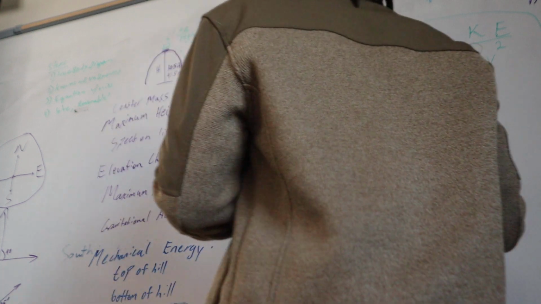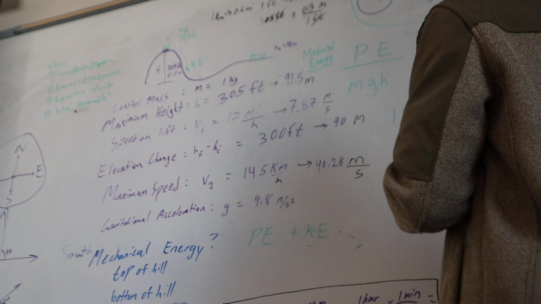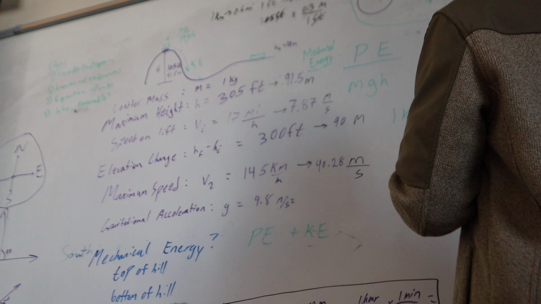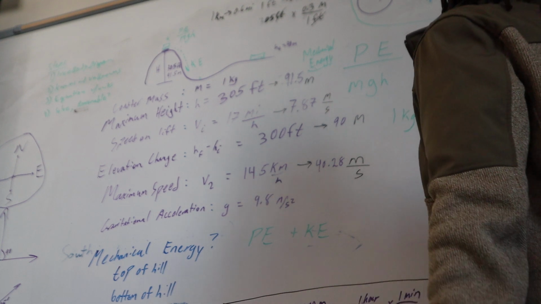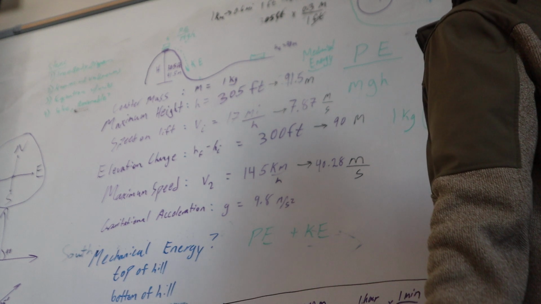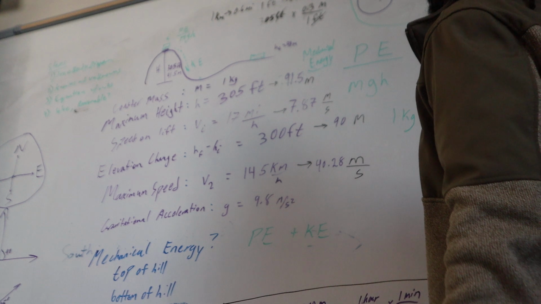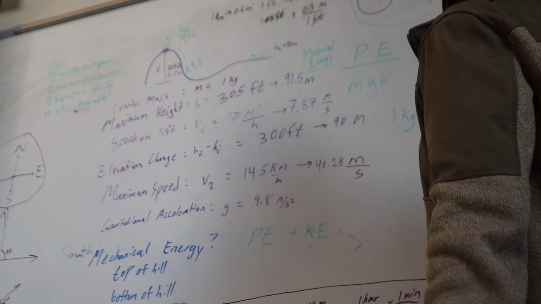Alright. Potential energy, we've got to use at the top. So we're about to use 7.87 meters per second. Wait, this is the height. I'm using 91 meters.